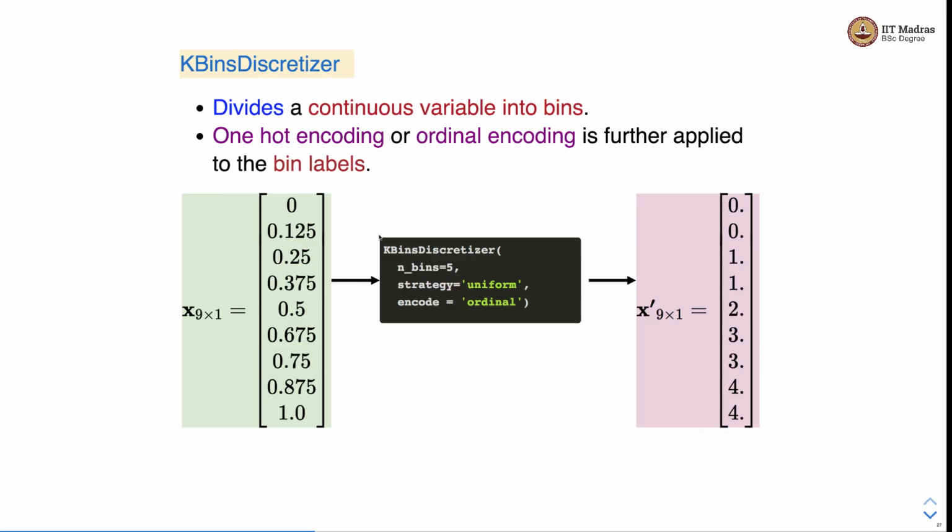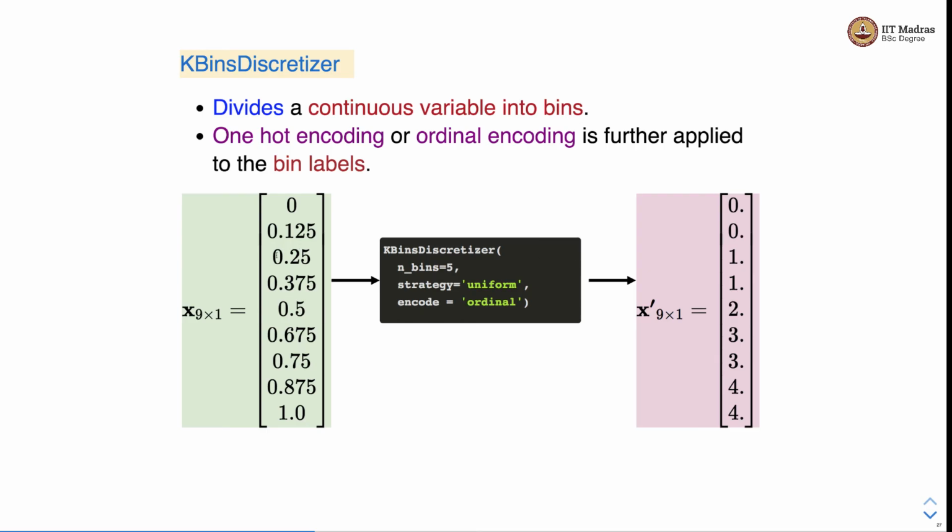So what happens is the entire range is split into 5 different parts, and based on that the transformed features are calculated. You can see that since the range is between 0 to 1, we can make 5 bins with thresholds of 0.2, 0.4, 0.6, 0.8 and 1, and you can see that values that are less than 0.2 are transformed to value 0. So these first two values are transformed to value 0.